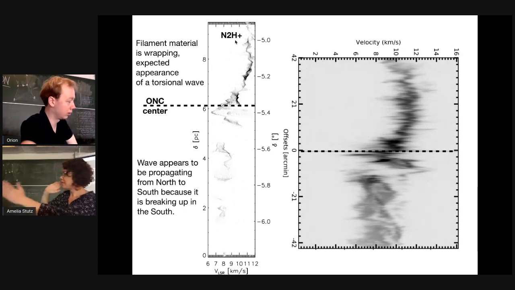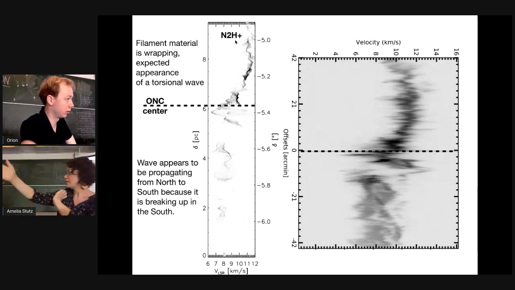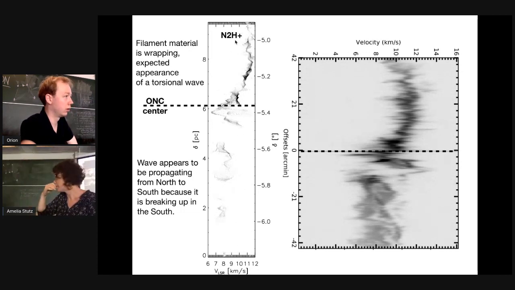We see a flip in the magnetic field direction as you cross the filament, from Zeeman, and then you see that the Planck polarization vectors, for example, are perpendicular to the filament. We can argue about that interpretation because it's a model, but it is an actual possibility that this thing has a helical field, that the material is wrapping and it's just going down to smaller scales.